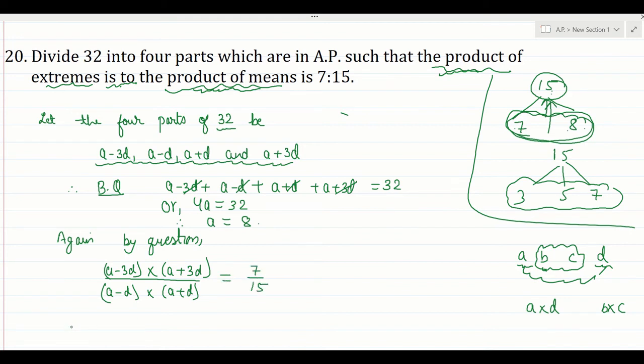Or it is a squared minus 9d squared over a squared minus d squared is equal to 7 over 15. Is this clear?